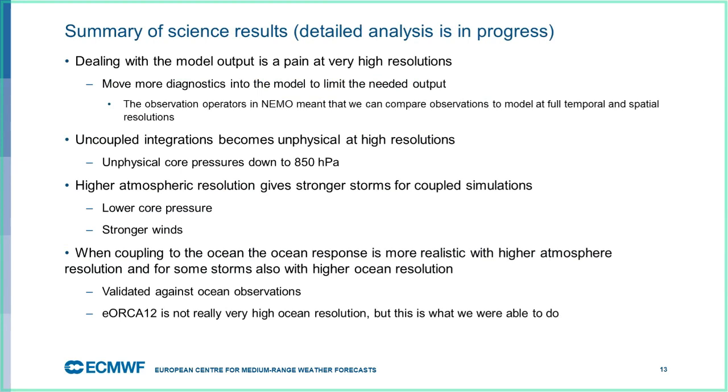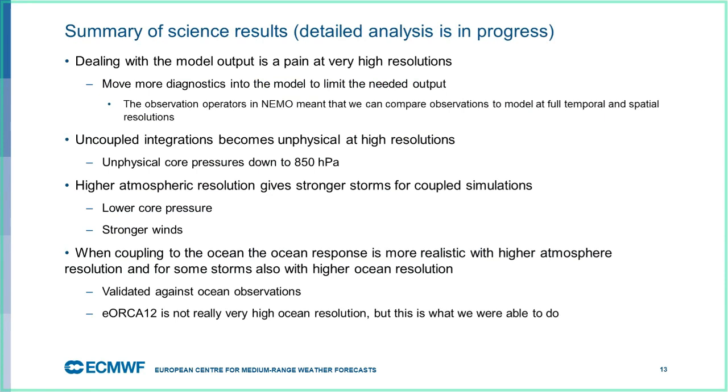It's just a sort of thing that if you actually try to run an uncoupled model here at 1.4, even 2.8 kilometer resolution, you get core pressures of tropical cyclones which are unrealistic physically, because the mechanism of feeding back into the ocean needs to be there.